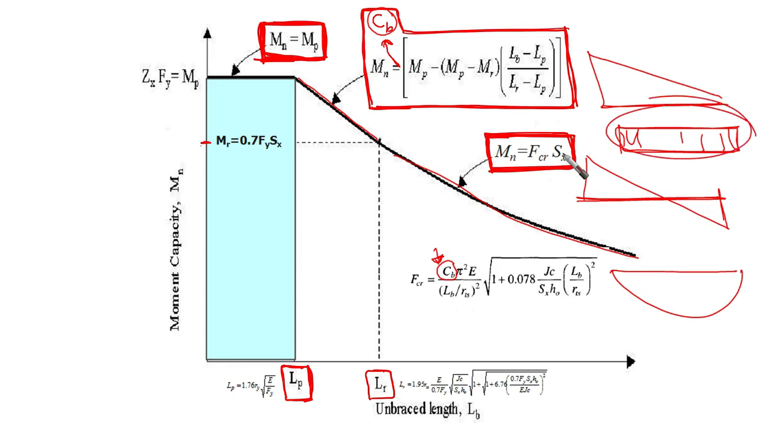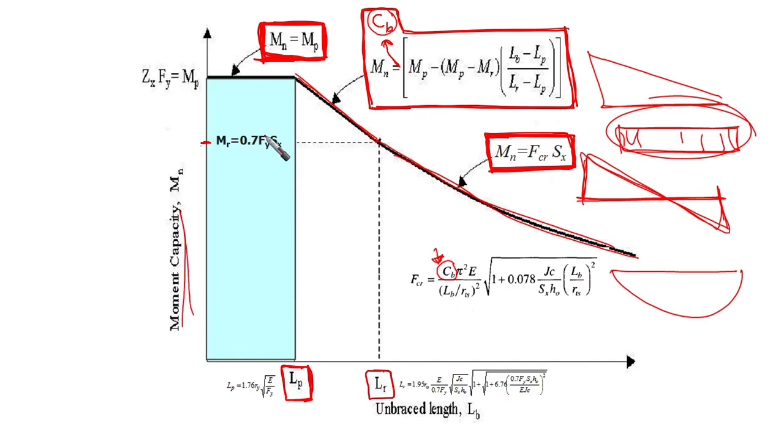This means that we have a contribution of loading condition. The contribution of loading and bending and uniformity of bending is very important in controlling the nominal strength, the moment capacity of the section. The type and pattern and non-uniformity, or the moment gradient, is an important element for controlling the moment capacity of the whole section.